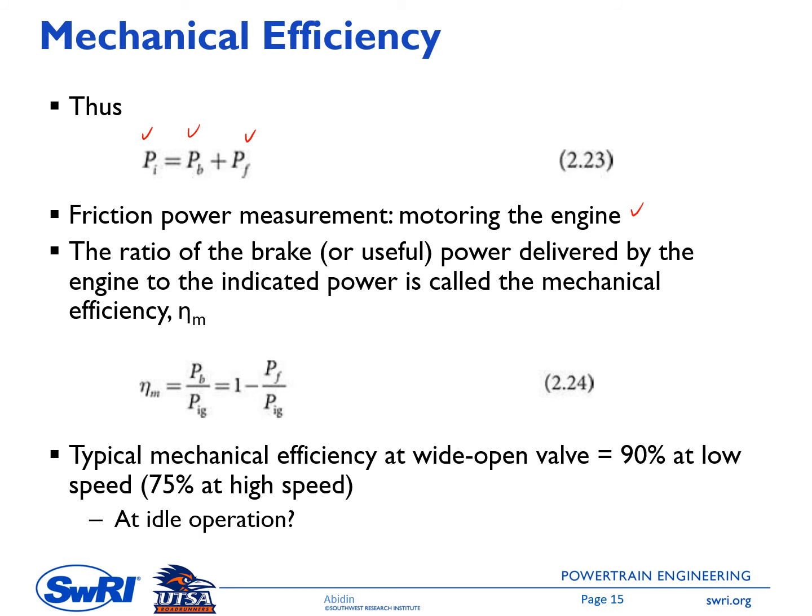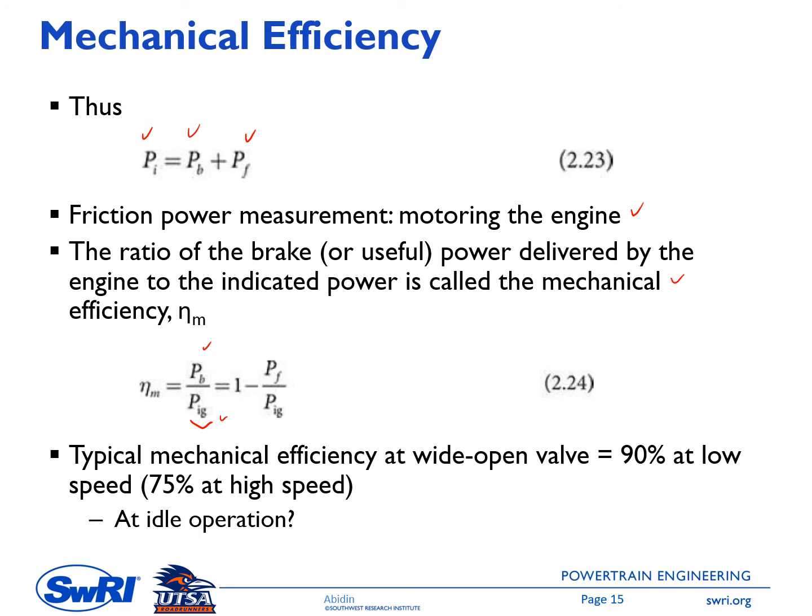And then the ratio of the brake or useful power delivered by the engine to the indicated power is called mechanical efficiency. So this is the ratio of PB over PIG. Once again, we use gross here just to follow the convention in the book, although in real application usually we have PB over PIN.